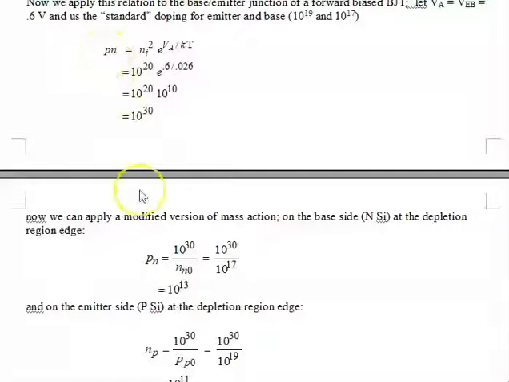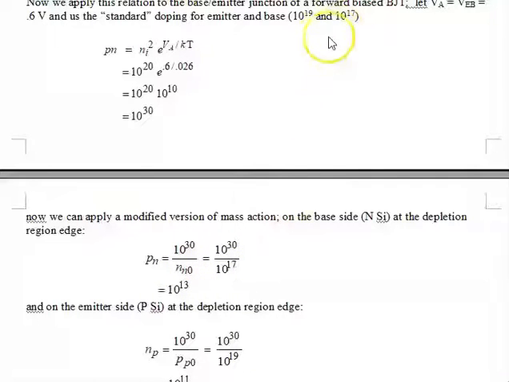So the number of holes, p sub n, this is the number of holes on the N side, is equal to the pn product divided by the equilibrium number of electrons on the base side, which is 10 to the 17th, because that's what it's doped.